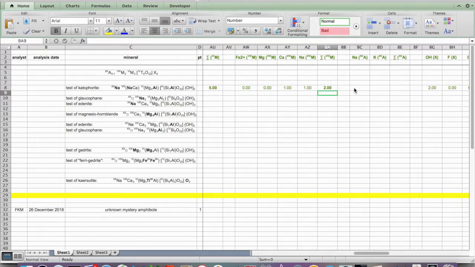Okay, so let's finish this up. So you can see that we put some sodium in here, and so we're going to ultimately move some sodium into here.